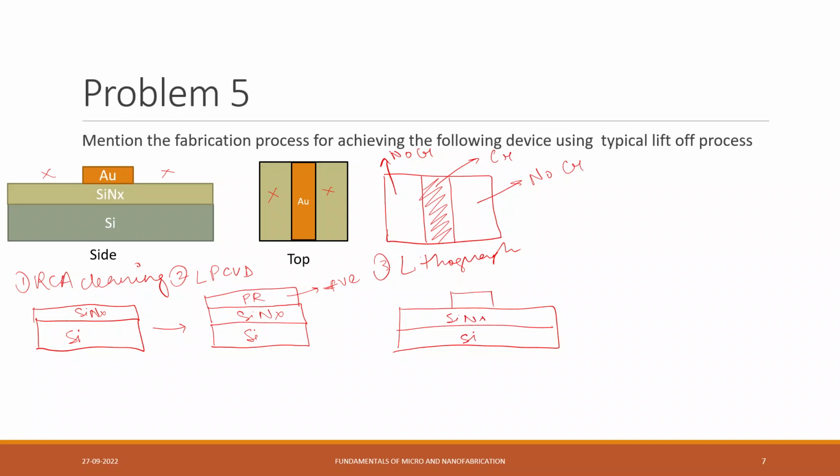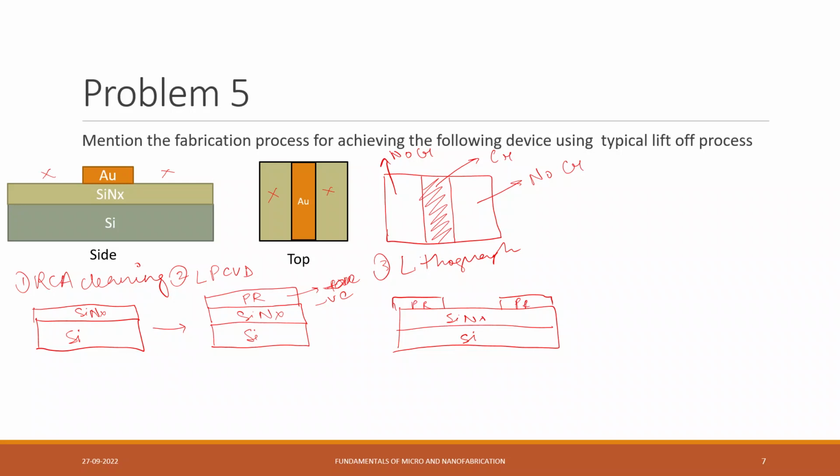For negative photoresist, we will have no chrome. So yeah, negative photoresist would be a better option. So we are exposing these two areas, and essentially the PR will be present in these two areas after developing.